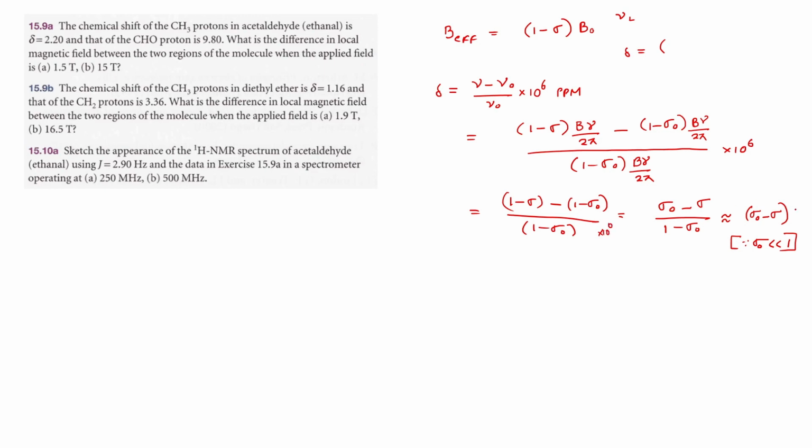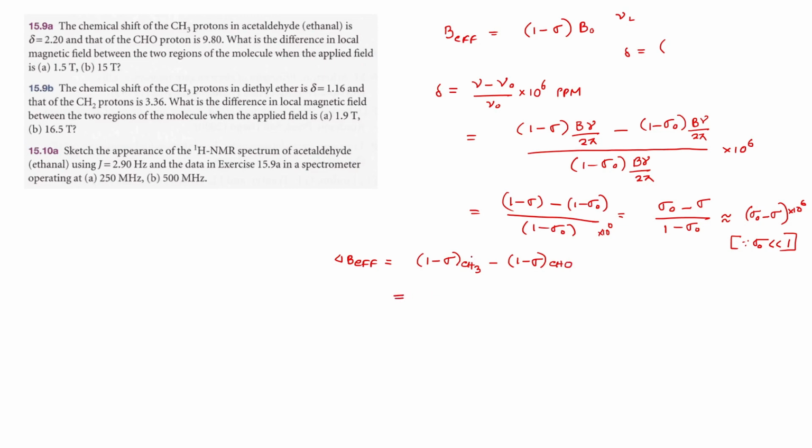Okay, so actually this change in delta will give you, if you want to see what is the difference in the local magnetic field, so your delta B effective is, you can say, (1 minus sigma of CH3 proton) minus (1 minus sigma for your aldehyde proton).